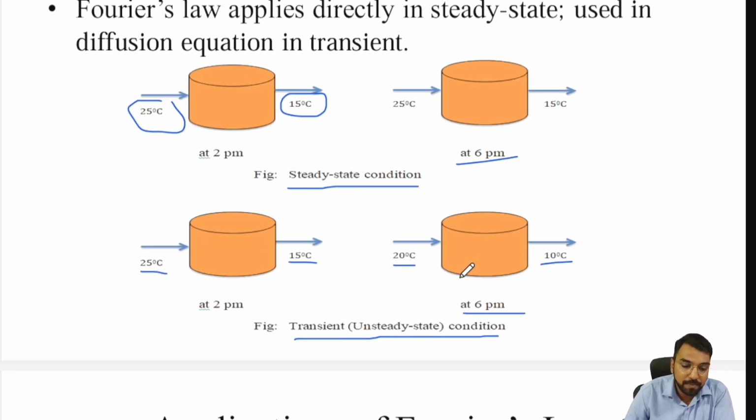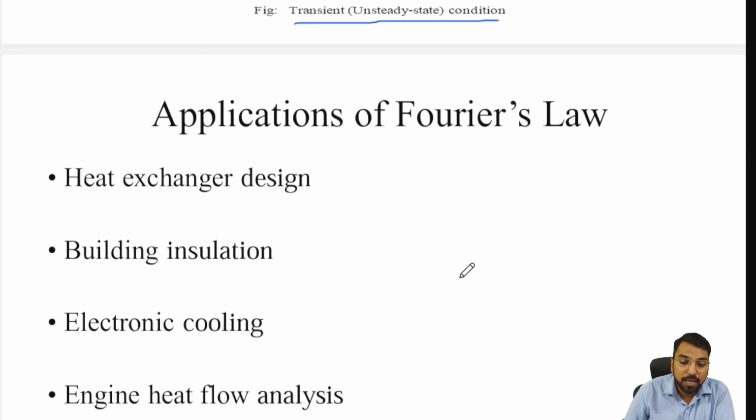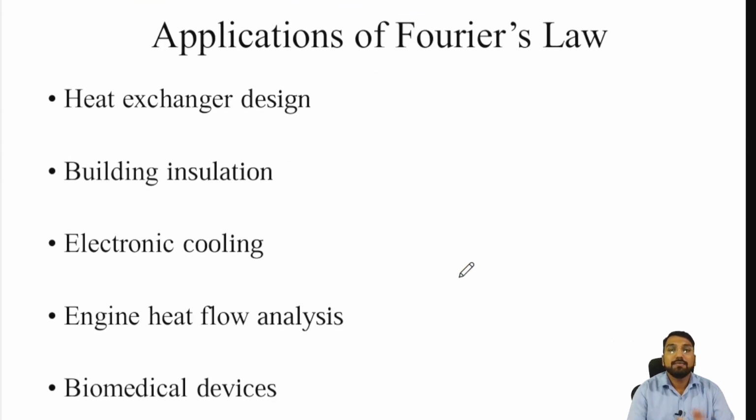Okay, so what are the applications of Fourier's law? As we have seen, Fourier's law states that heat transfer is directly proportional to the negative of the temperature gradient, and it is directly proportional to the thermal conductivity of the material. So what is the application of this law?